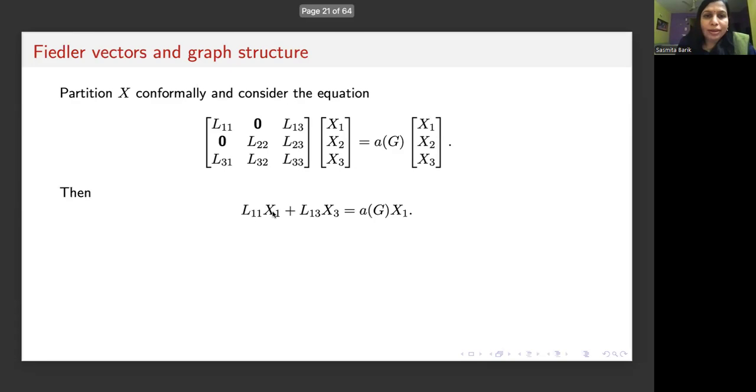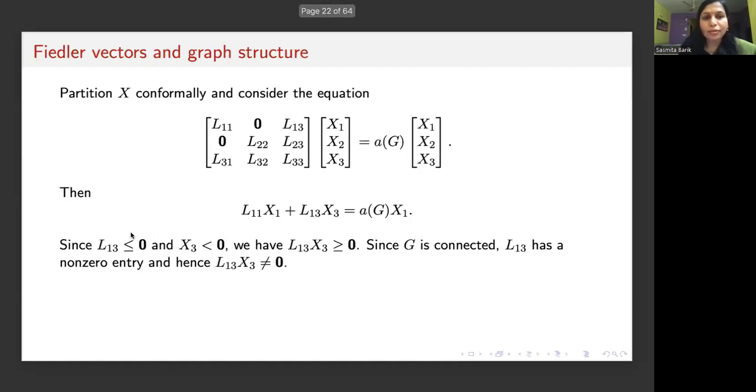Okay. Now if I look at the first equation, that is L11 x1 plus L13 x3, that will give me AG into x1, right? This is the first block row you are multiplying, and the first system is coming from this.